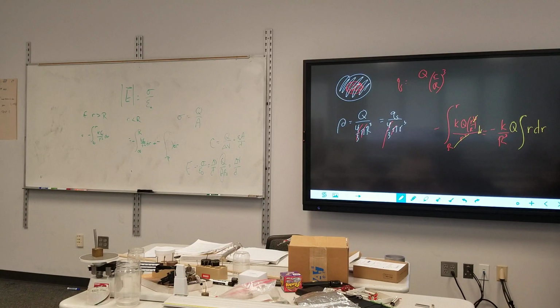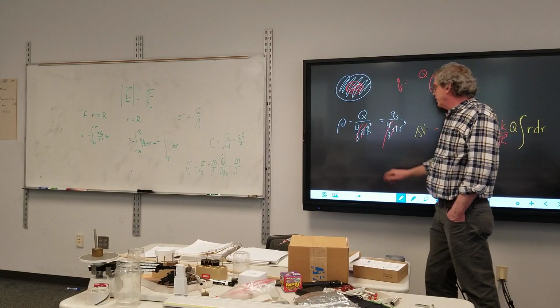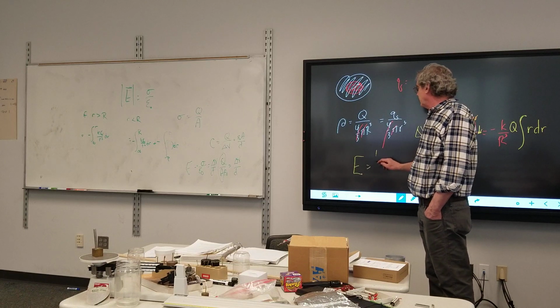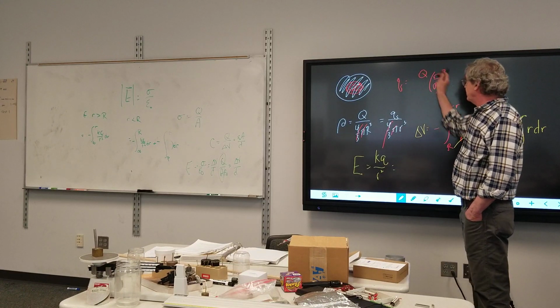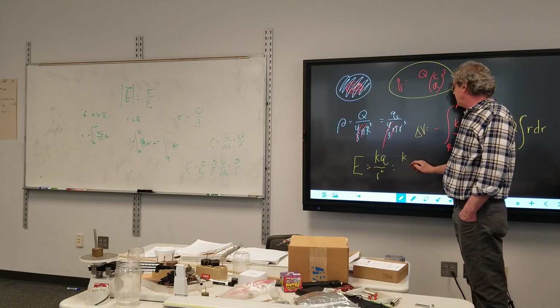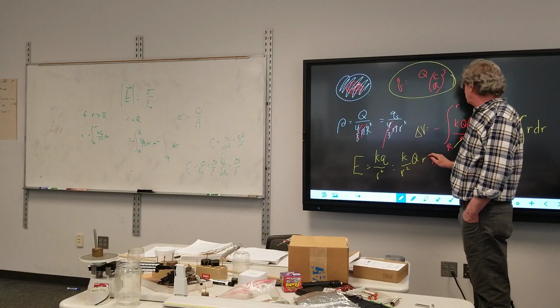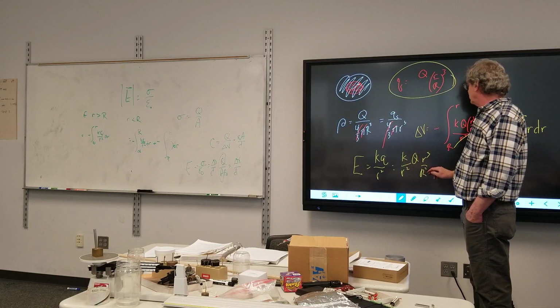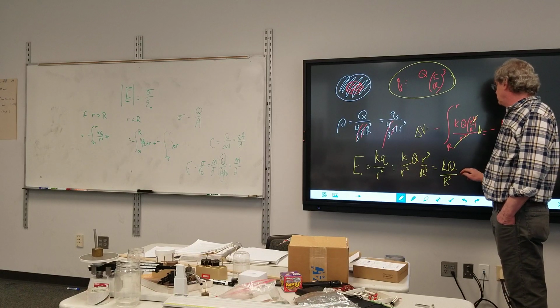This is solving for potential difference, not the electric field. My electric field is kq over r squared. Little q, as we found, is that. So that becomes k over r squared, big Q, little r cubed over big R cubed, which is kQ over big R cubed, times r.